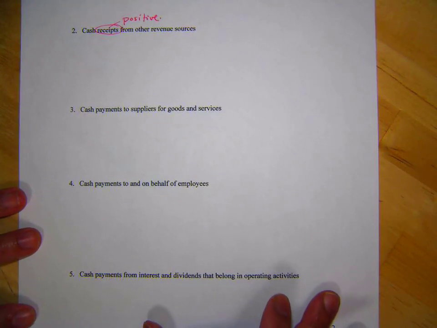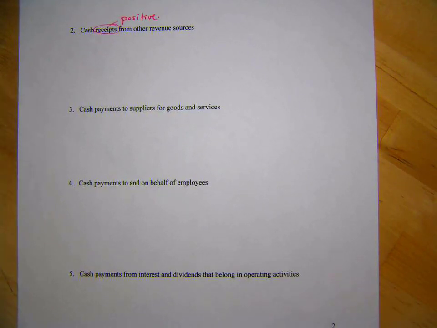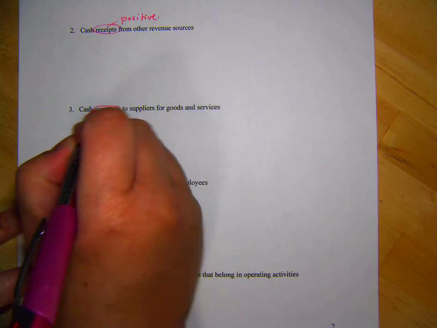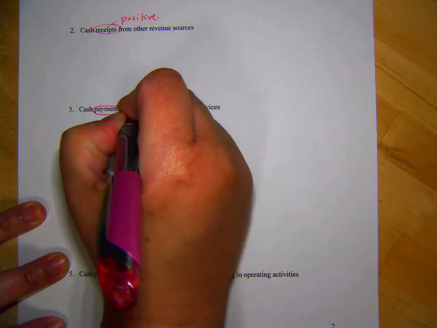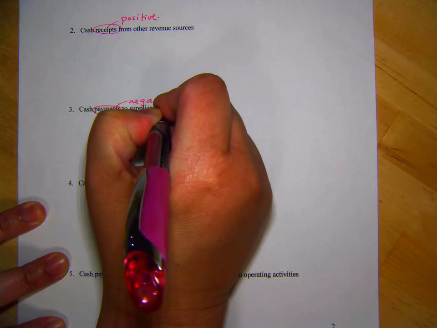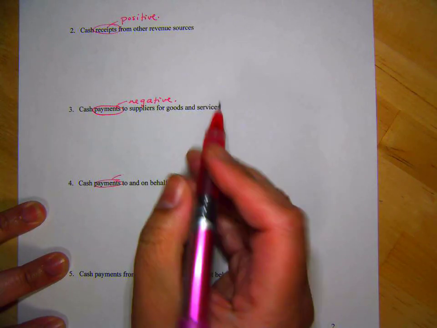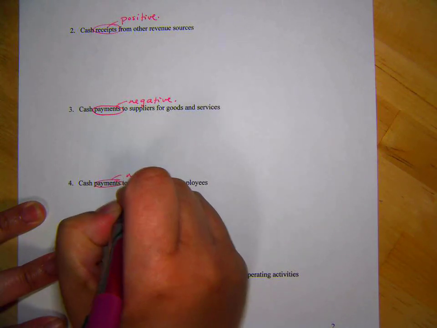Now, not all of them will show up on all the questions, and it is possible to increase the number of sections. But generally, with this text and the examples, we're going to stay with these main 6. So, cash payments to suppliers. So that's going to be negative because cash is going out. Payments to and on behalf of employees.